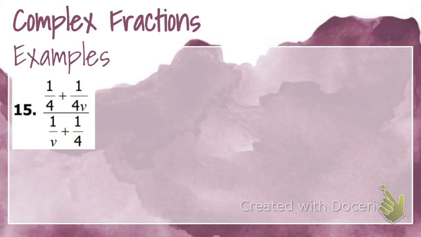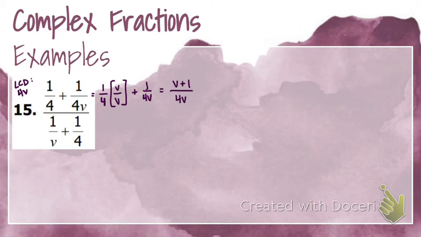Now for our last problem. Okay. The LCD for the numerator is 4v. So this is going to equal 1 over 4 times something plus 1 over 4v. That's already the LCD, so we don't have to multiply anything. We need to multiply the first one by v over v. So we are going to get v plus 1 over 4v.